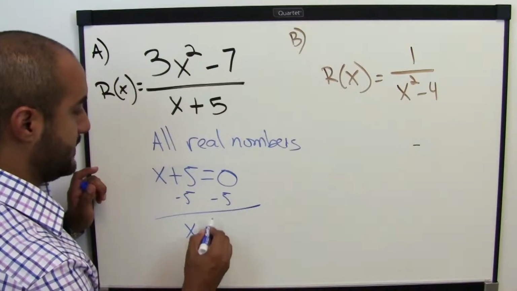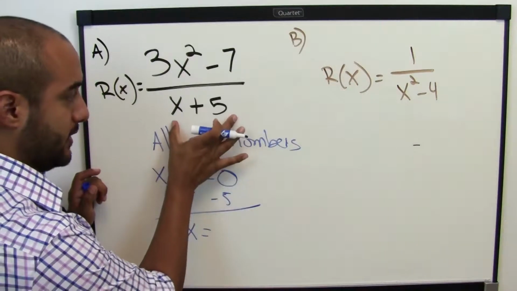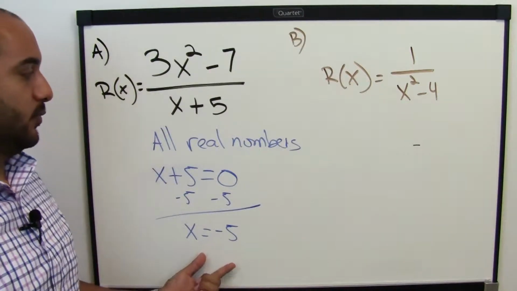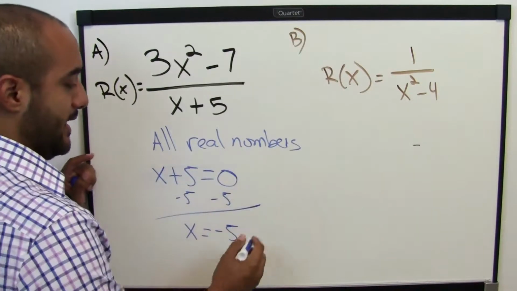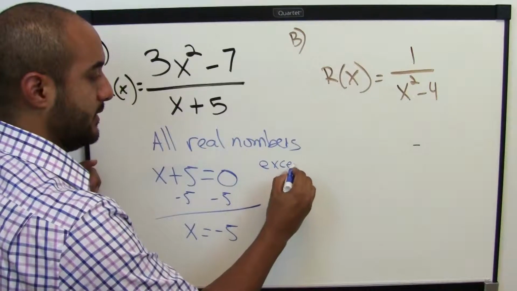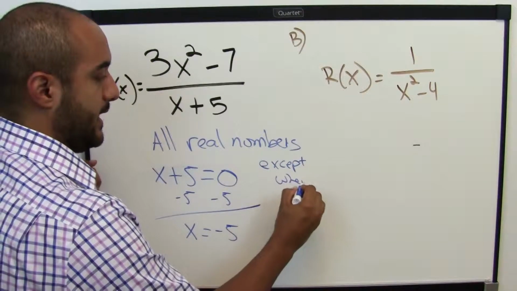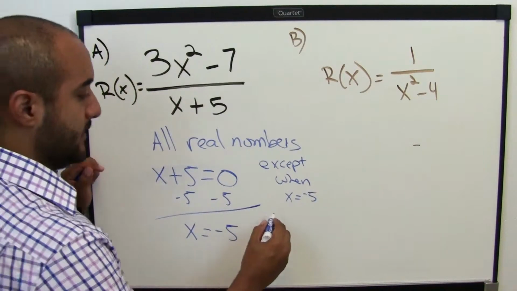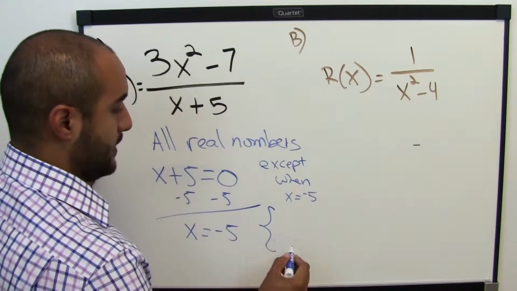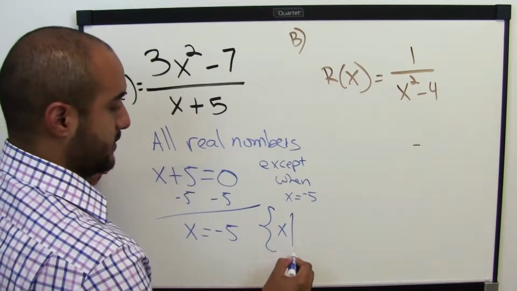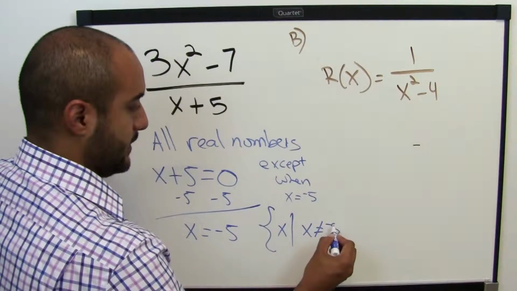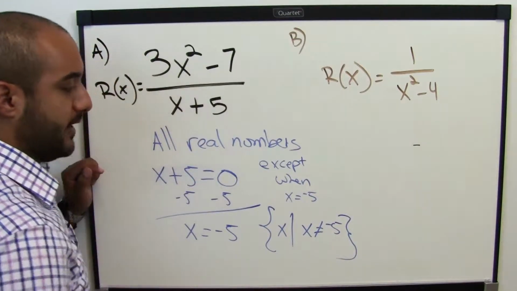We'll see that our denominator will be equal to 0 when x is negative 5. So our domain is all real numbers except when x is equal to negative 5, or you might see the notation of, in your bracket notation, x such that x cannot equal negative 5.